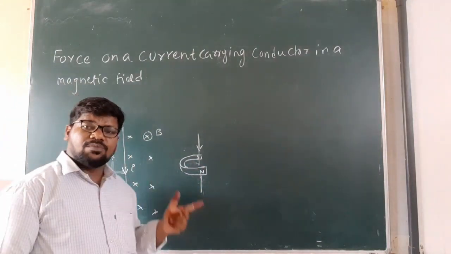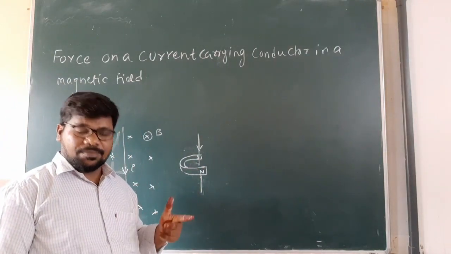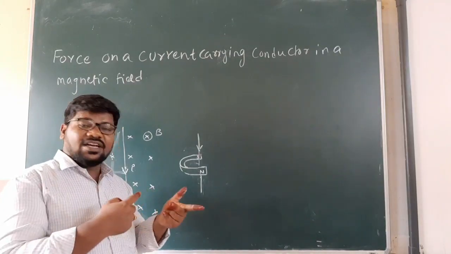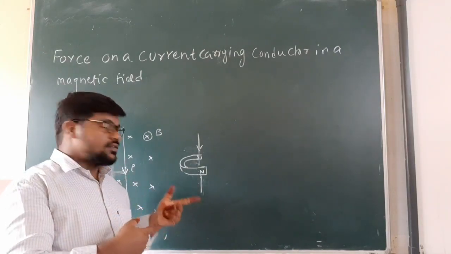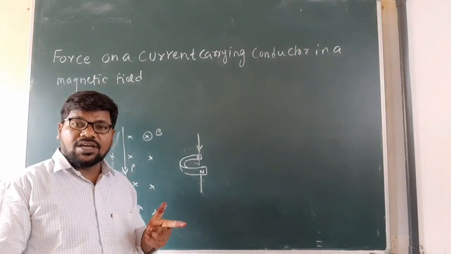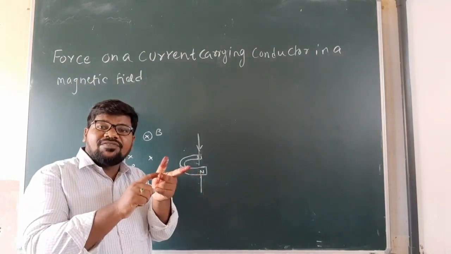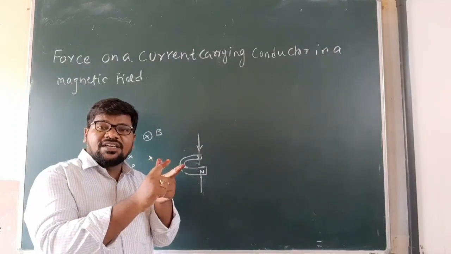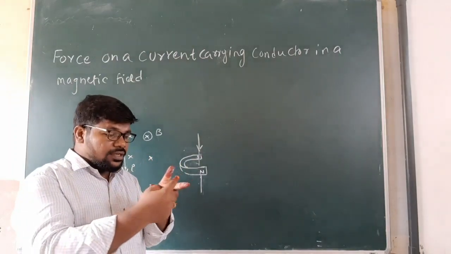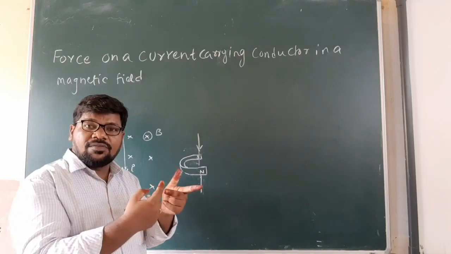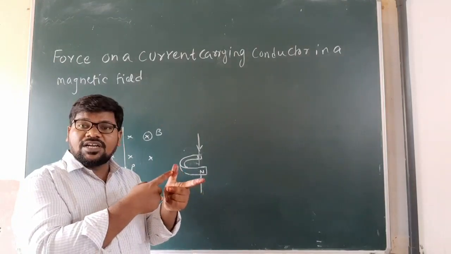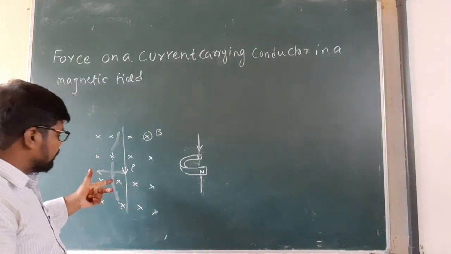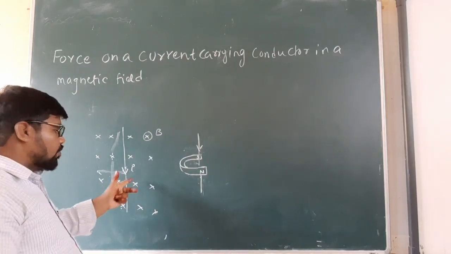Same rule, Fleming's left-hand rule, we apply. The middle finger indicates the direction of the current, the forefinger indicates the direction of the magnetic field. When these two are perpendicular, force is generated, which is denoted by the thumb.